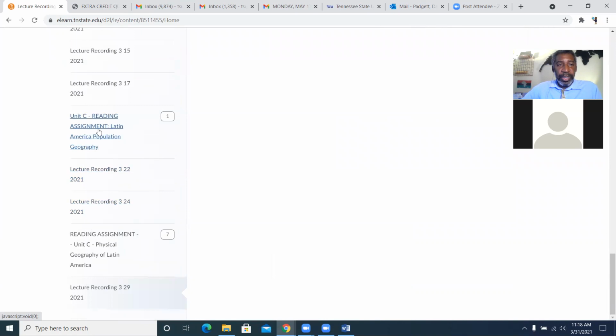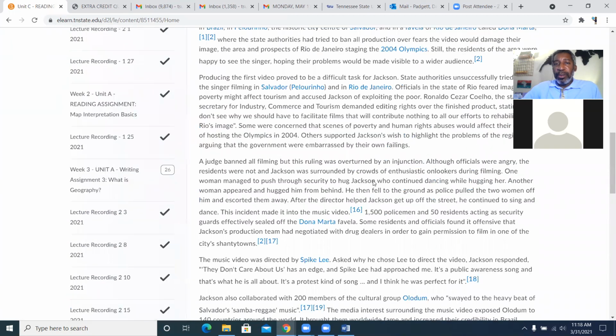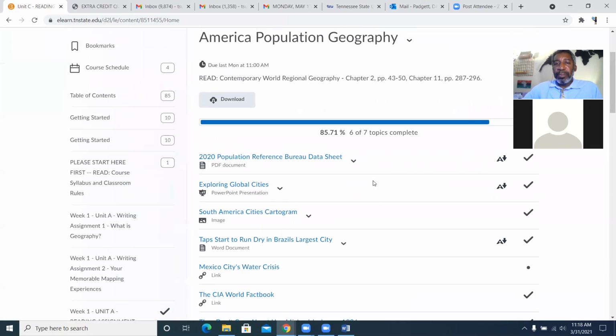And of course, the reading assignment on Latin America population geography. So those are included in your reference information along with other materials associated with the quiz for the course.